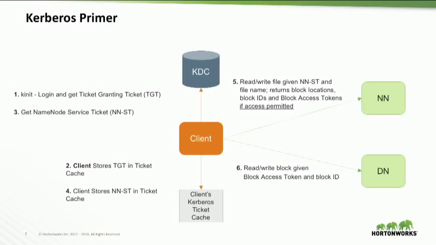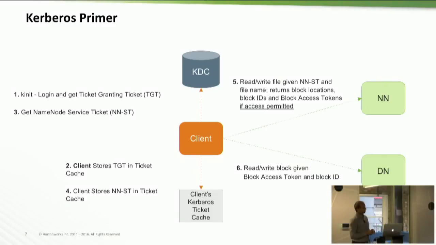Kerberos is a three-legged dance. There are three parties involved. The first party is the client. The second party is the Kerberos service, or people call it the Kerberos Key Distribution Center, the KDC. Think of it as the Kerberos server. And the third party in the dance is the actual service that you're trying to access.